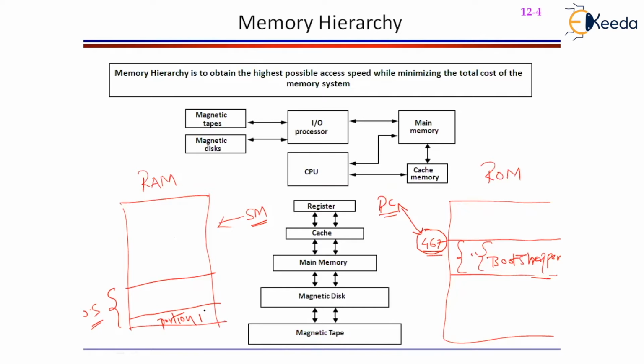After the first portion is loaded, the operating system will load the remaining portions by itself. The only thing required is to transfer the first portion of the operating system from the secondary memory to the main memory, which is achieved by the execution of the Bootstrap loader when the system is switched on.